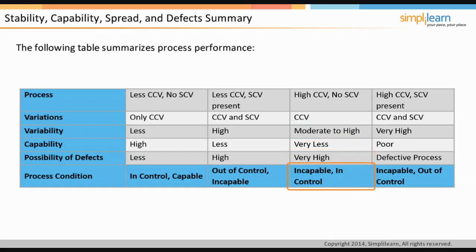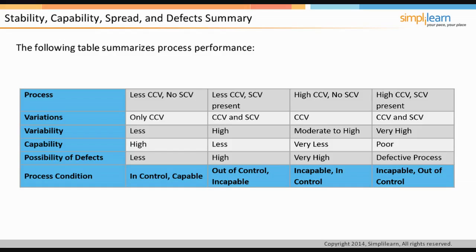Although the process is in control, it is incapable. Finally, at the other extreme is the situation where the process has high CCV and SCV is also present. Here the process has high variability, low capability, high possibility of defects, and is out of control and incapable. This table is a quick reference to understand process conditions.